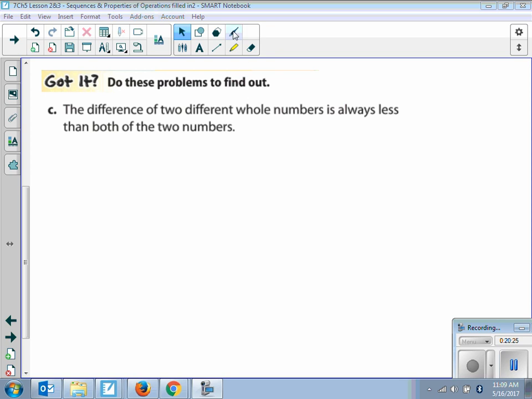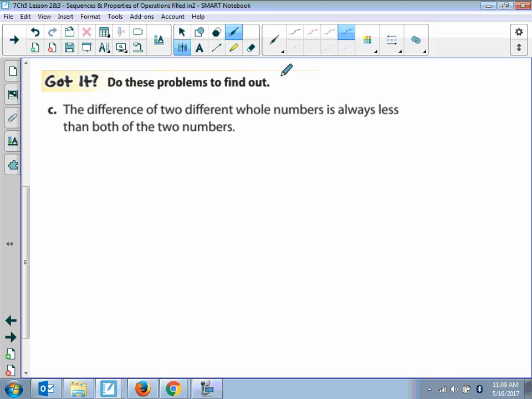So, a counterexample. 100 minus 50 is equal to 50. Is this number less than 100? Yes. Is this number less than 50? No, it's equal, right? So, this is my counterexample. That tells me that this is not true.